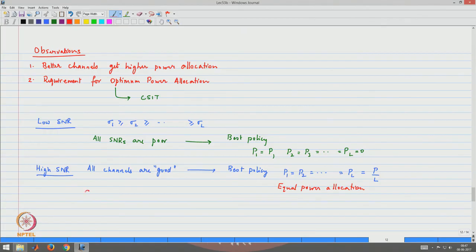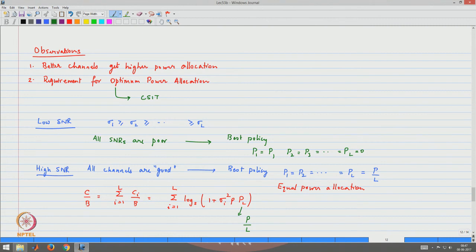The capacity C divided by B would be equal to the summation i equal to 1 through L of the individual capacities Ci divided by B, that is given by summation i equal to 1 through L logarithm base 2 of 1 plus sigma i squared rho times Pl. But we know that Pl we have taken to be P divided by L.